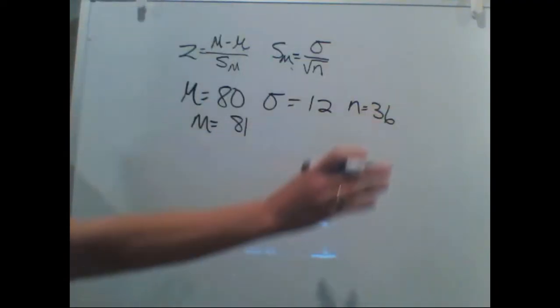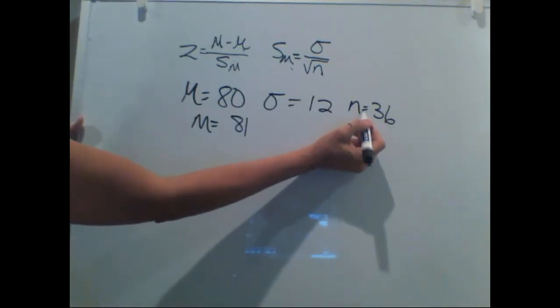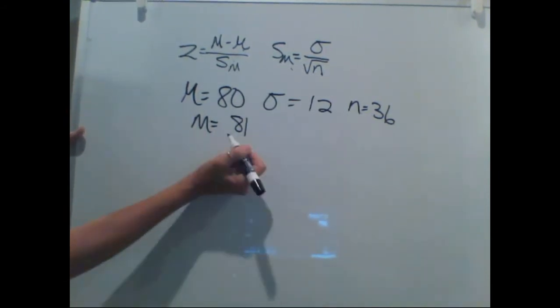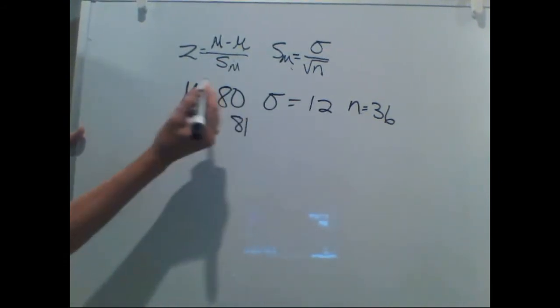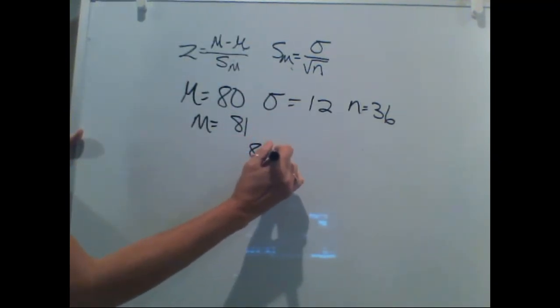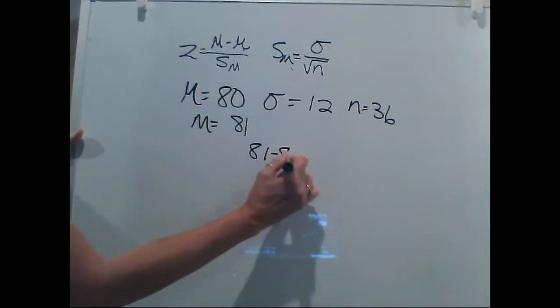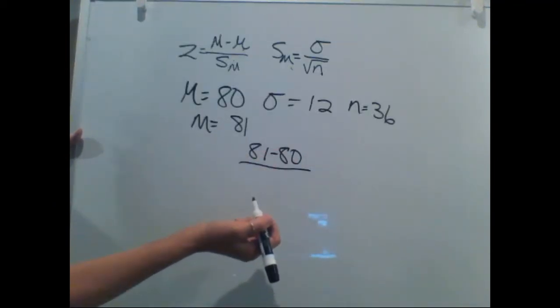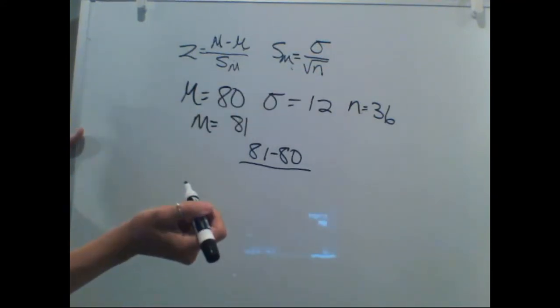I won't even go over it again, but the only thing that's different is our n is 36 in this case, and the sample mean that we're trying to figure out where it belongs on the distribution of sample means is 81. So I'm going to first use my z formula, 81 minus the mean of 80. I already know that that's going to be pretty close. Those are pretty close, aren't they? Let's figure out what that standard error is going to be.